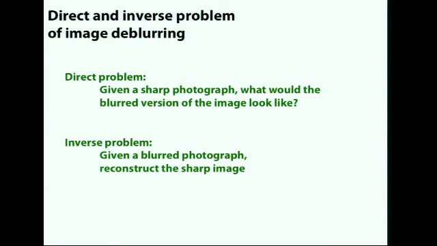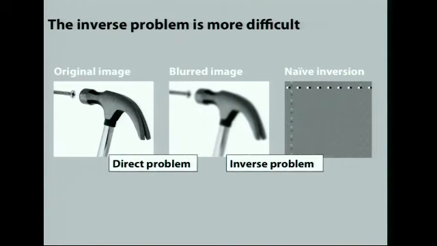Although conceptually these problems seem to be symmetric, we can go either way, actually they are not symmetric. The blurring process removes some information from the picture, and it's much harder to come back from the blurred image to the sharp one.